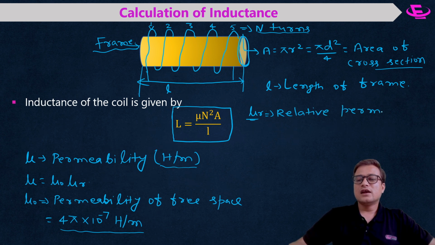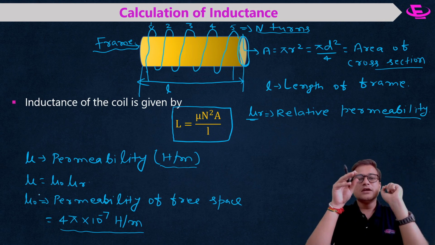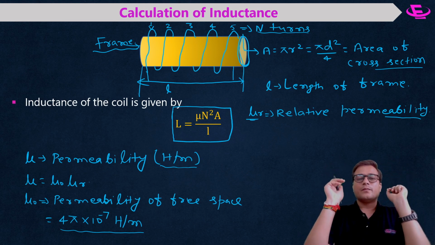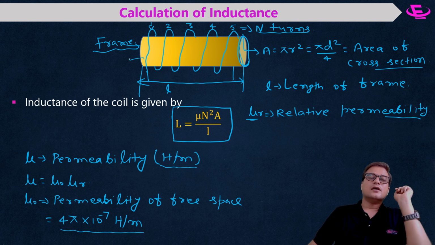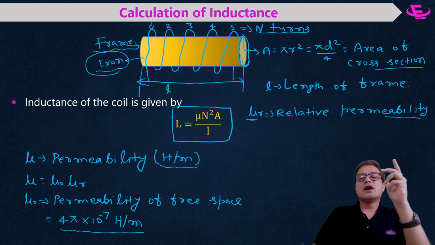So what is relative permeability? Right now mu naught is the permeability of free space. If you are changing the medium, suppose you are taking iron, iron will have some different permeability. So instead of writing the value of permeability, we define a term, relative permeability.